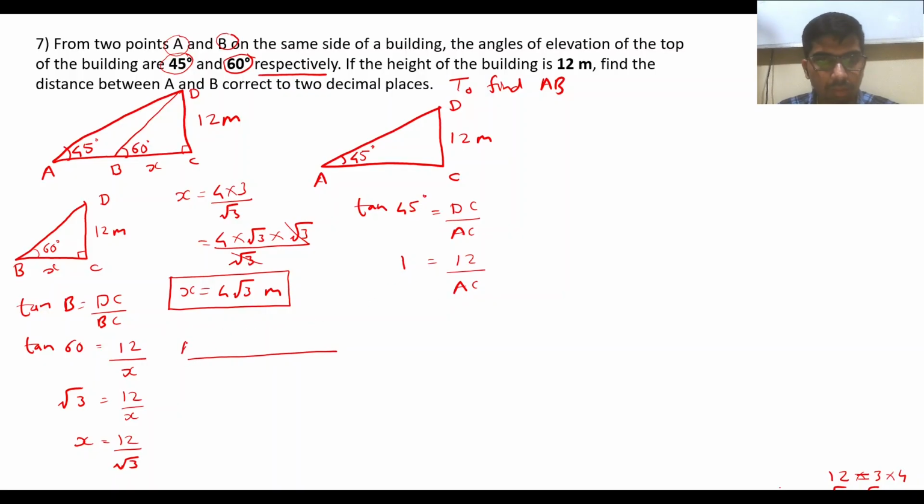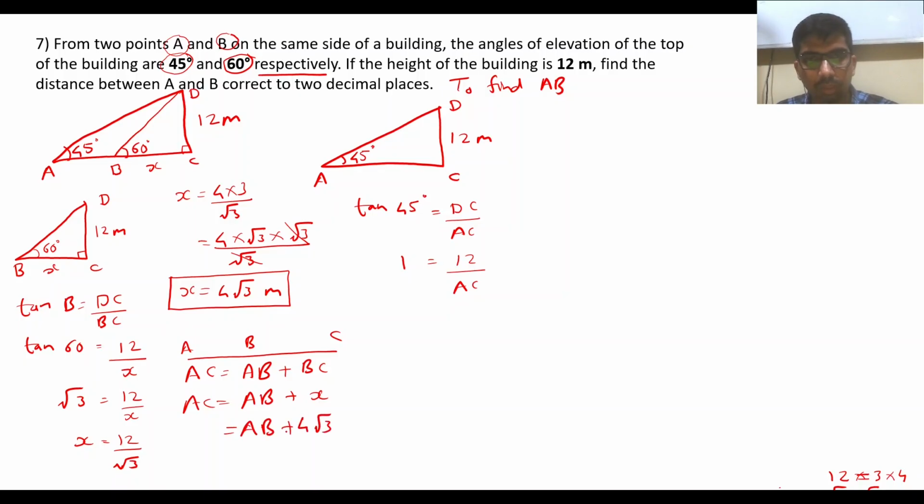So let's make the graph A, B, C. AC is made how? AB plus BC. So we got X. BC is X. तो x की वैल्यू क्या मिली, 4 √3. So AB plus 4 √3 is AC. Getting it?